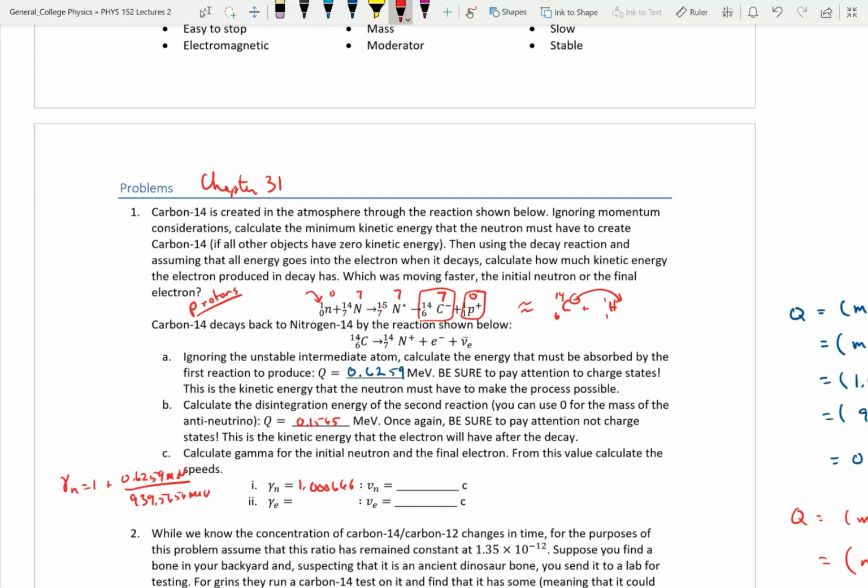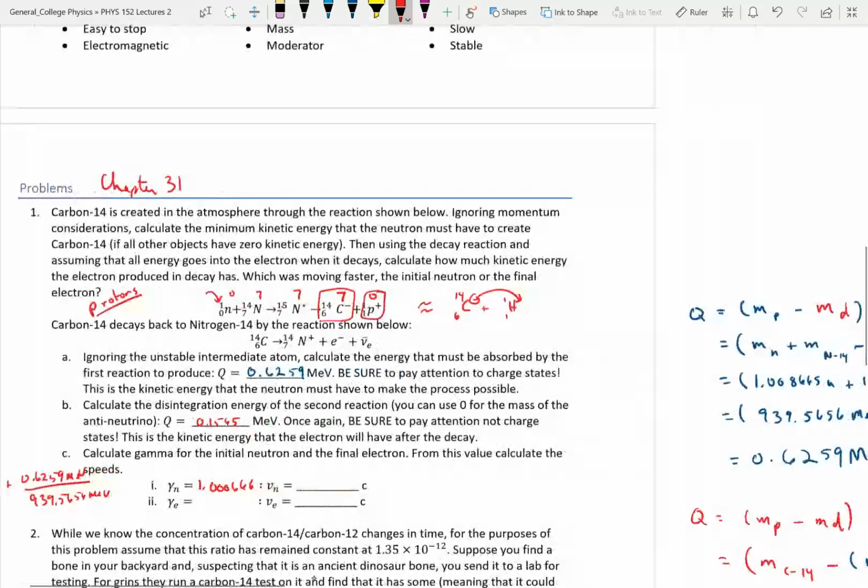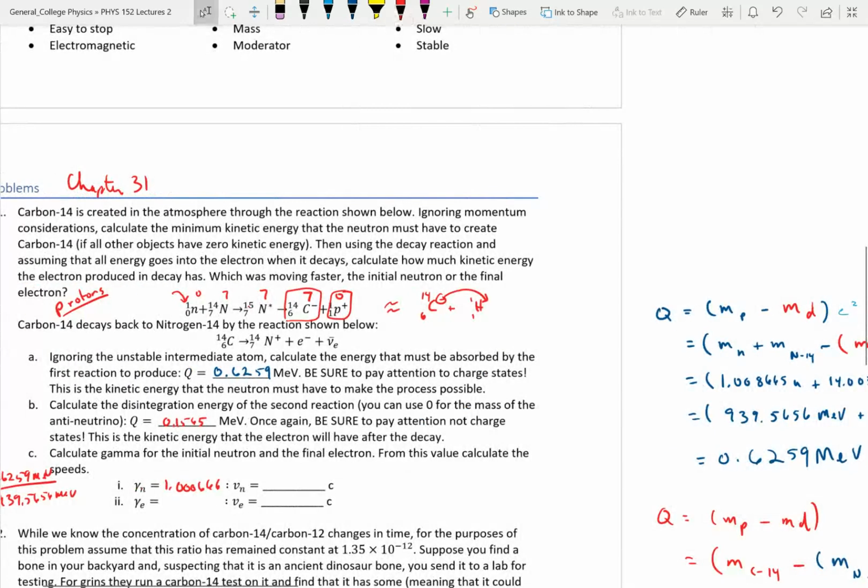If we do the same thing for the electron, though, we have an energy of 0.1565. 1 plus 0.1565 divided by 0.510999 MeV.